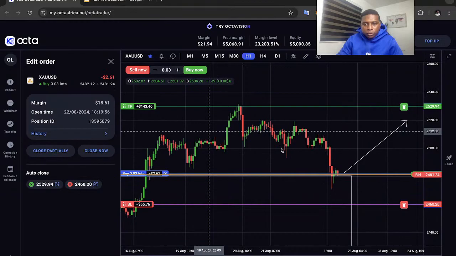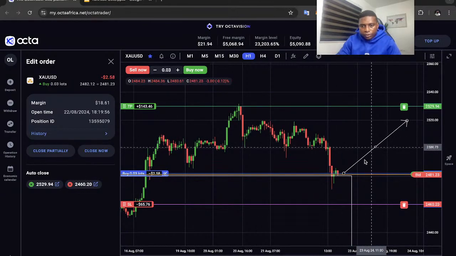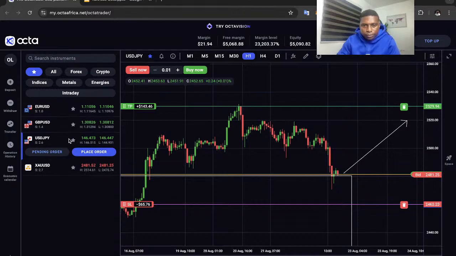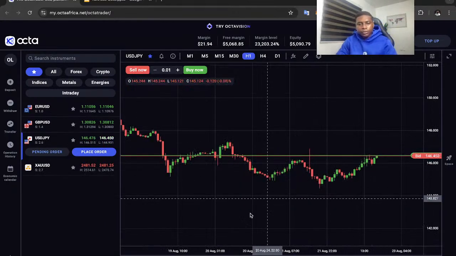I really love this trade setup, so it's a good point to buy here. Okay, so let's look at the USDJPY.